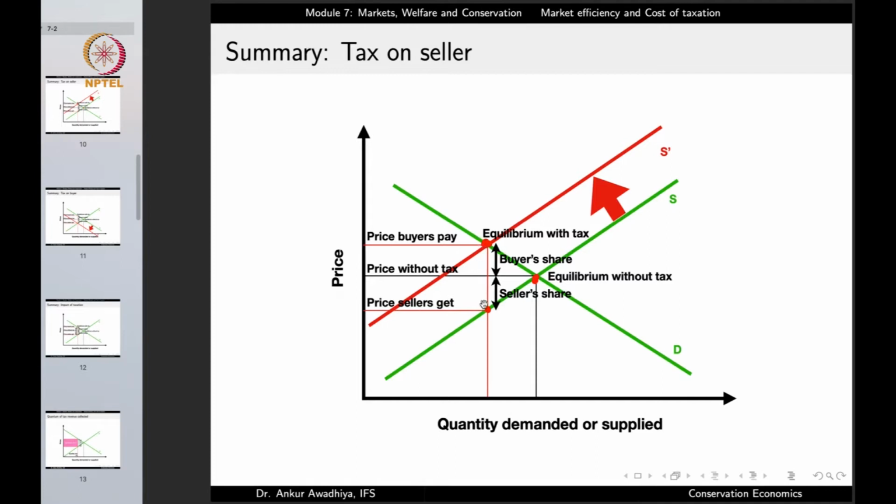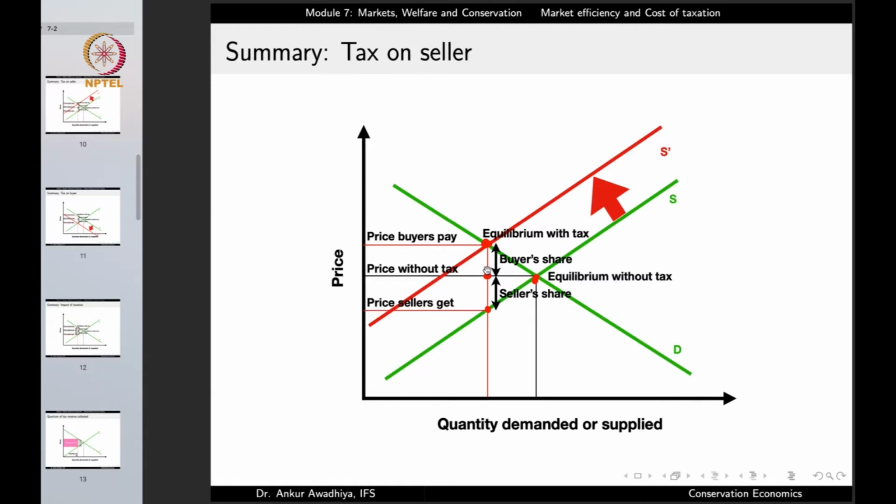Now, out of these 50 paise, the sellers are paying a share that is given by the difference between the original price that they were getting and the new price that they are getting. And the buyer's share is given by the new price that the buyers are paying minus the old price that they were paying.